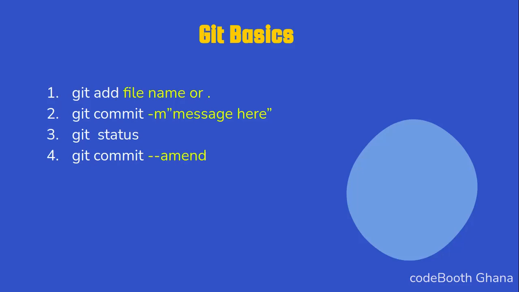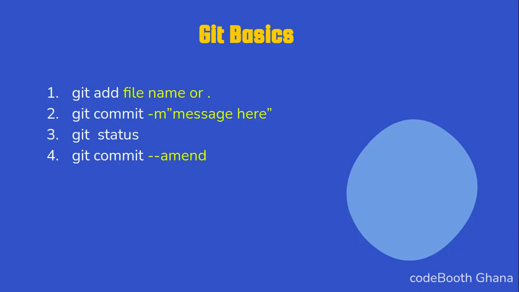But with the amend, it's going to replace everything entirely. It's going to remove what you already have and replace it with a new one. At first, you were having 2 files. If you use git add and add, let's say, the contact page, only the contact page will be added to 1, 2 to make 3.